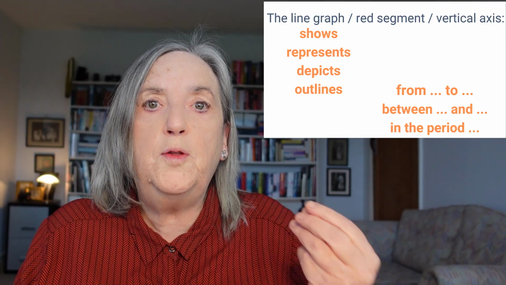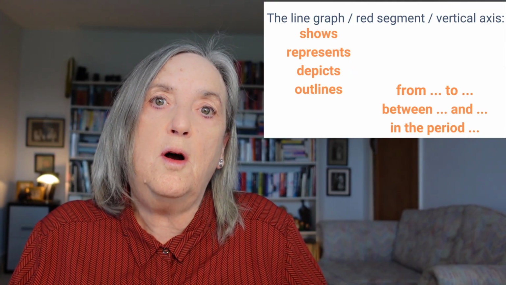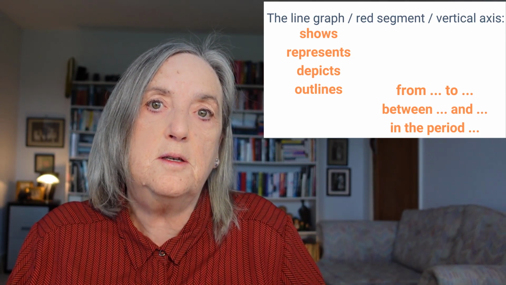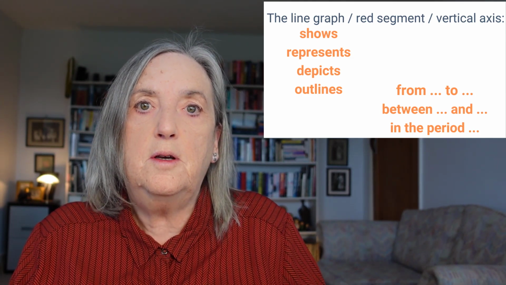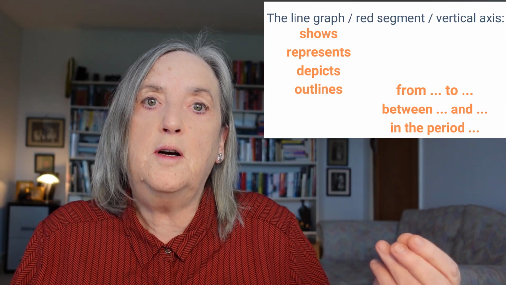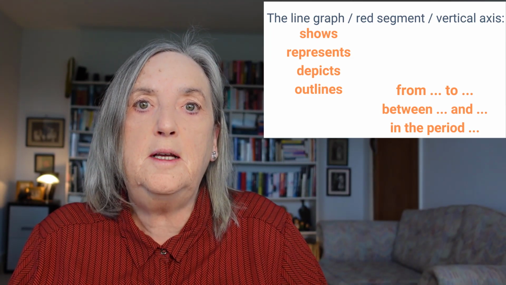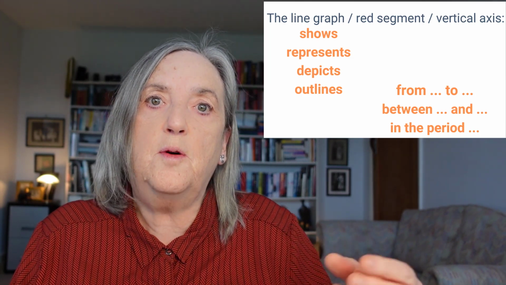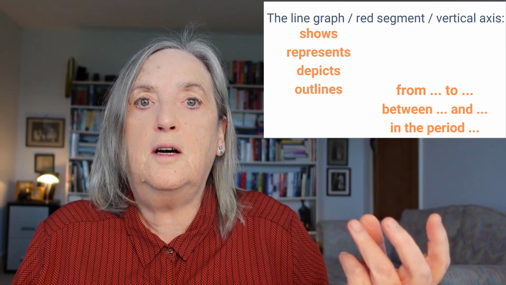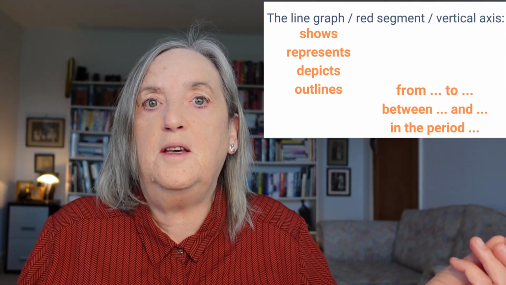And you should then go on to describe what that line outlines or depicts, again in general terms. So the solid line represents X, Y, Z. The dotted line depicts X, Y, Z, and the dash line outlines X, Y, Z, A.